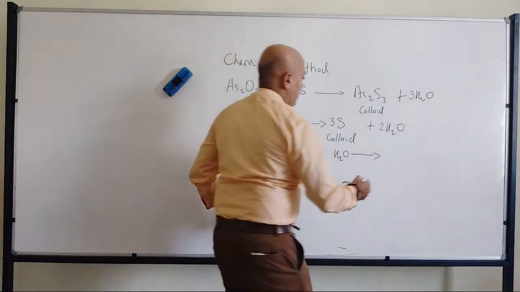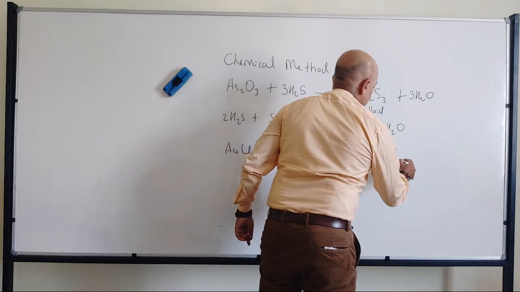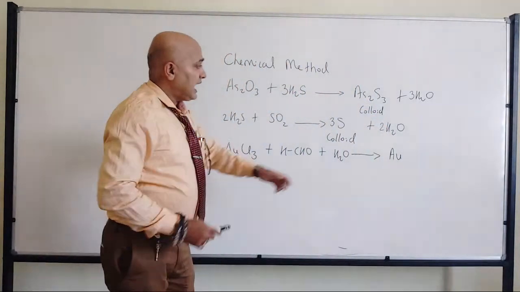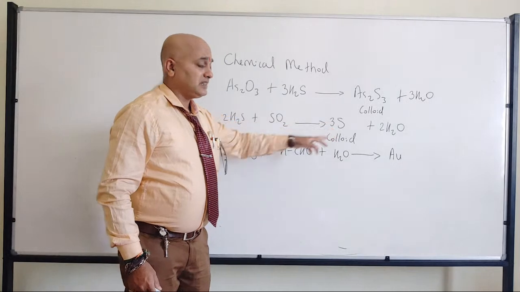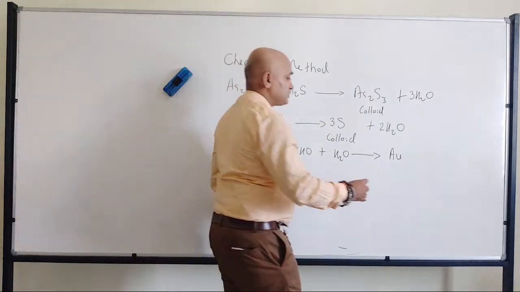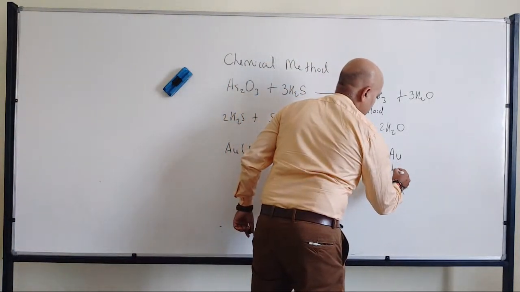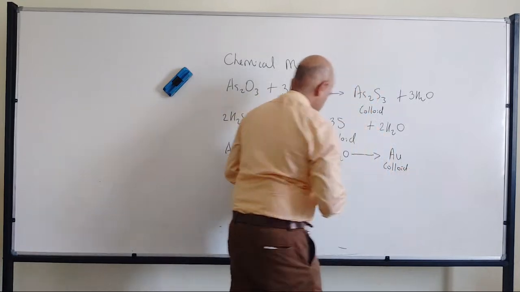Now there will be formation of a gold sol. So naturally, as we have sulfur sol S here, for gold sol it should be Au. That's where we have the colloidal solution.